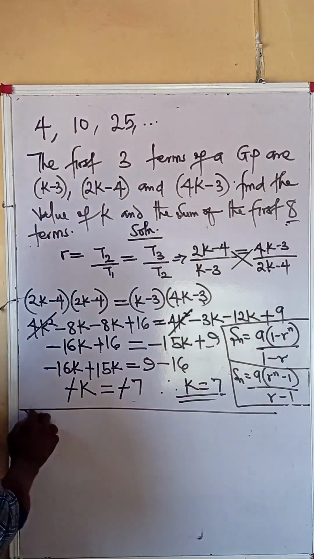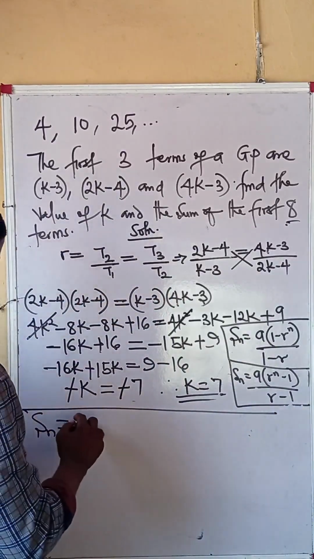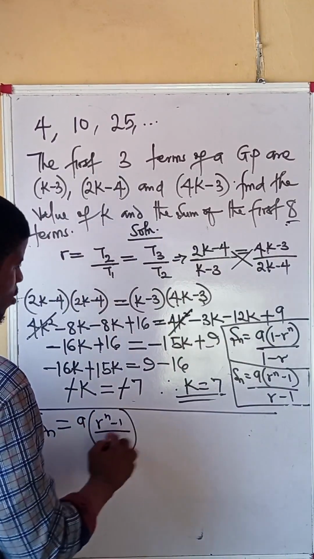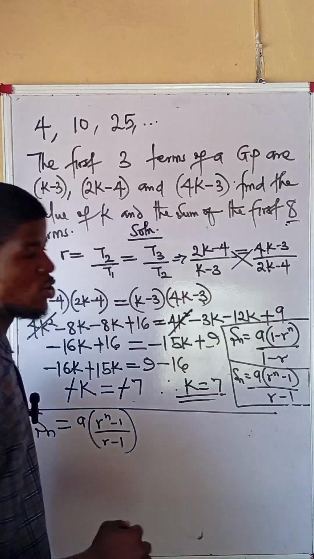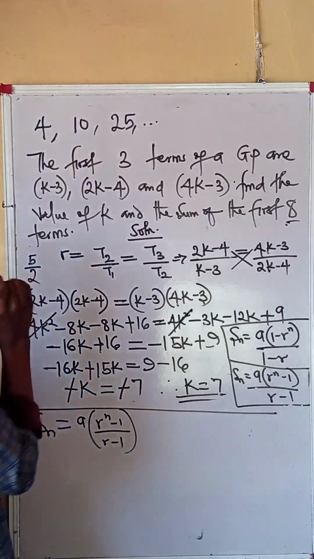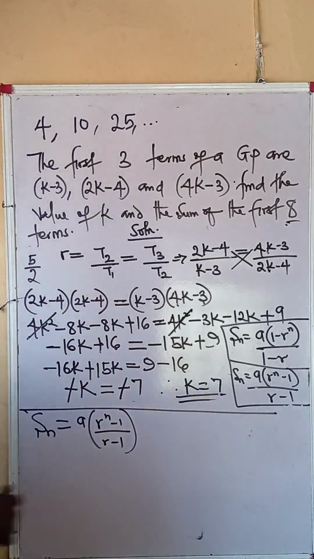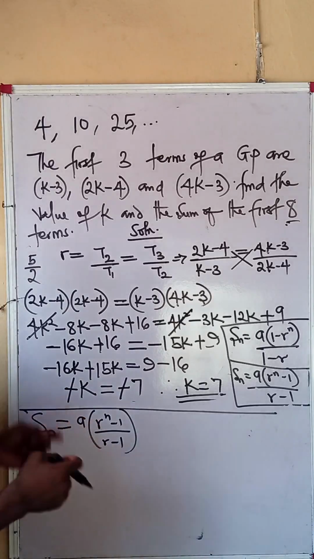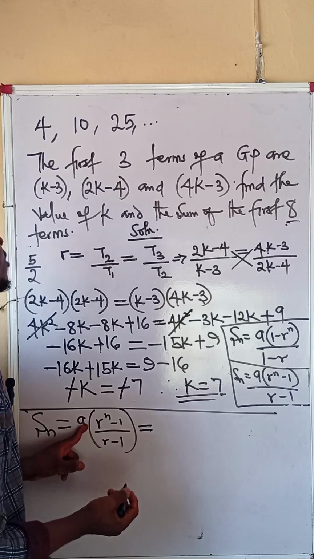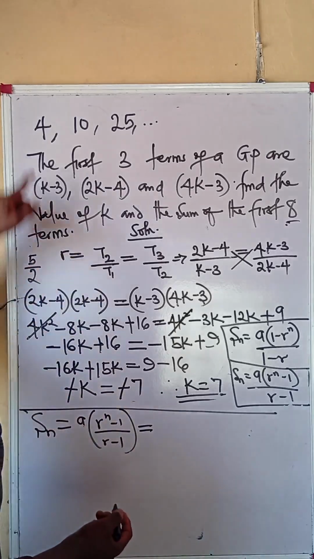So using Sn equals a into r to the n minus 1 over r minus 1. The common ratio is 5 over 2, which is 2.5. I can use either 5 over 2 or 2.5, but let me use 2.5 since it's easy to operate with. A is the first term, and that is 4.